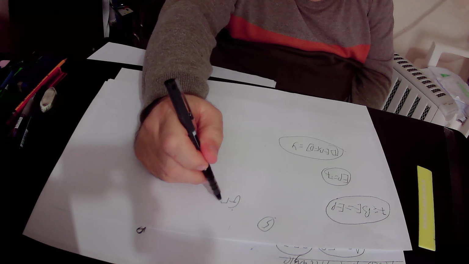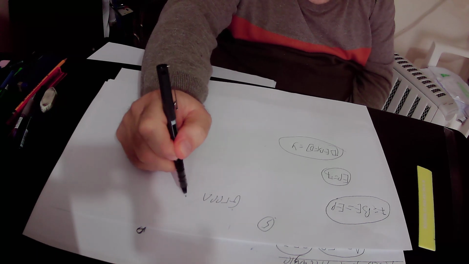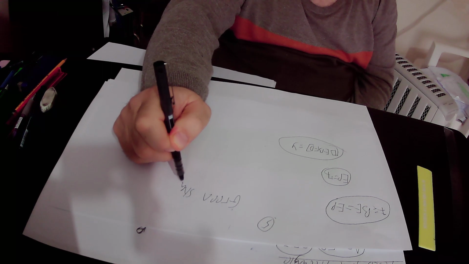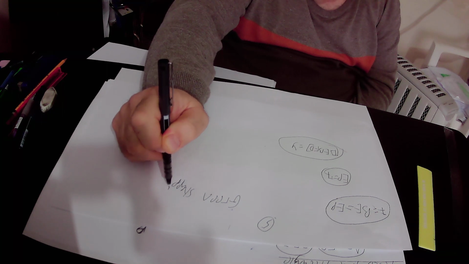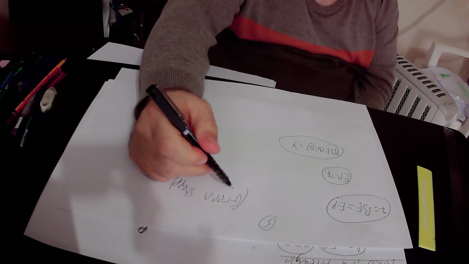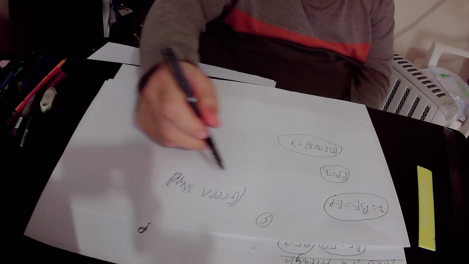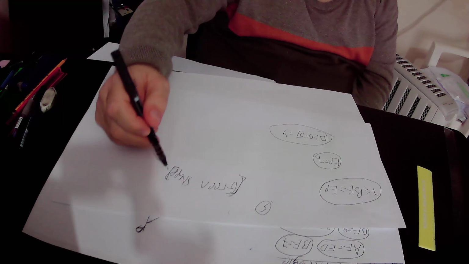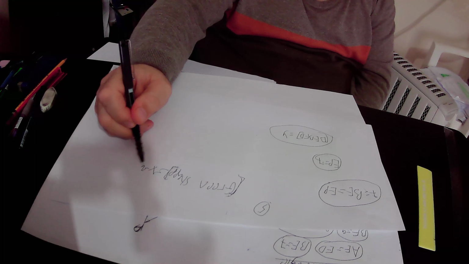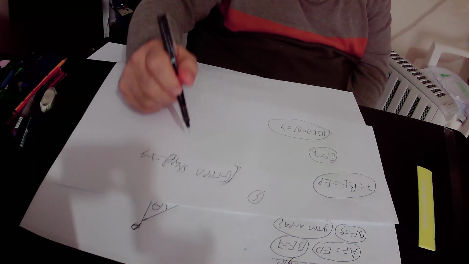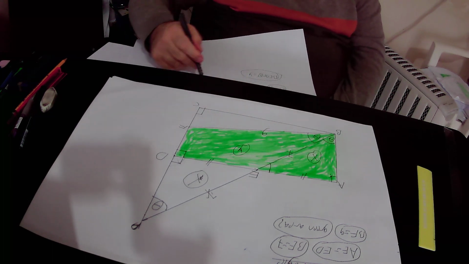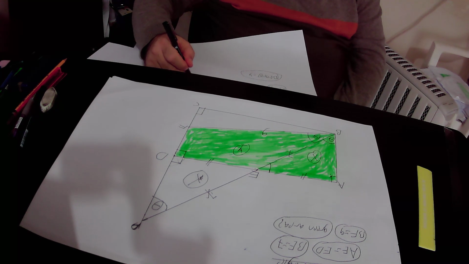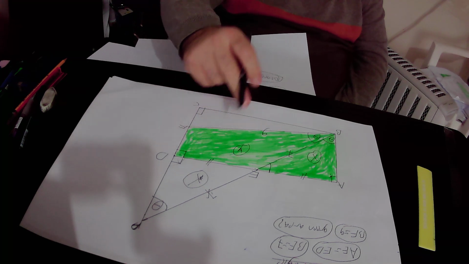The area of the green shape is equal to x plus y, and the area of triangle PBF, this triangle, will also be equal to x plus y.